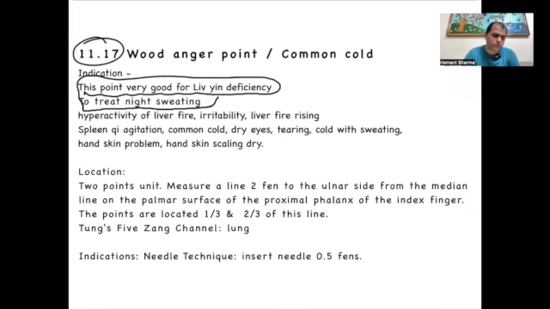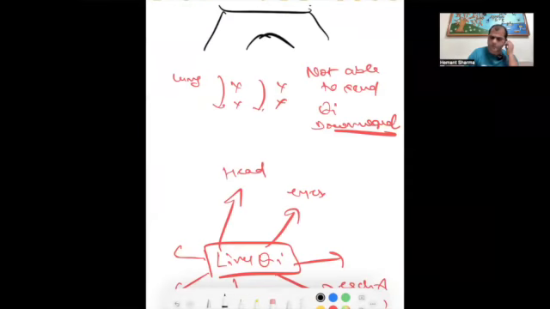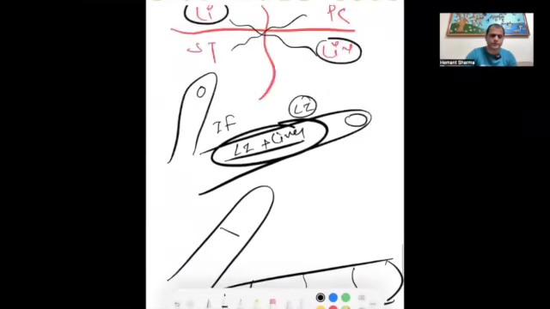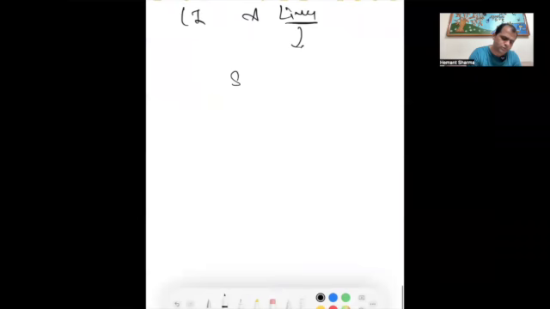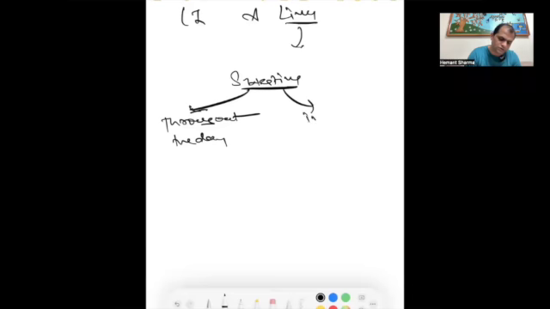When the person tells you, doctor, I get lots of sweating, we ask, okay, are you sweating throughout the day, or in the night, or just while eating food?